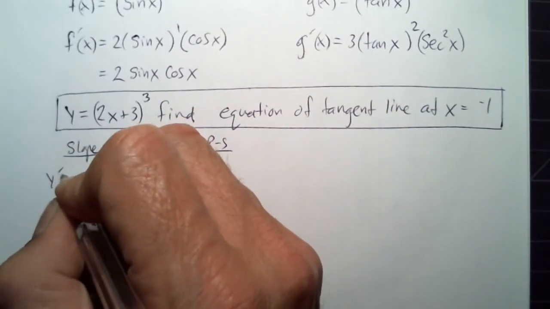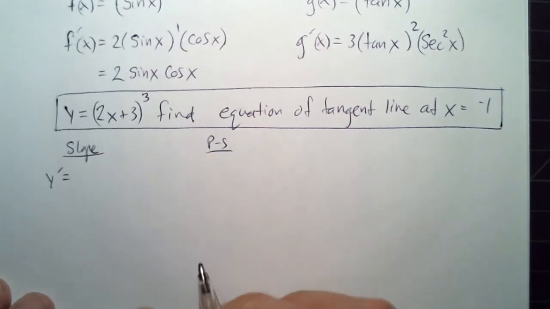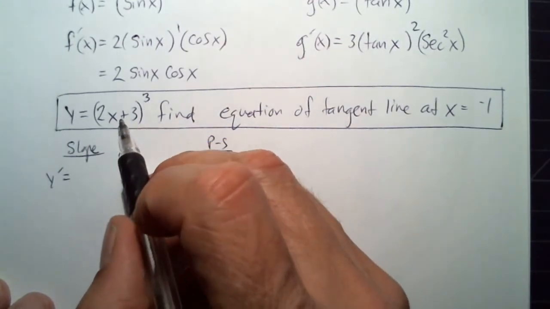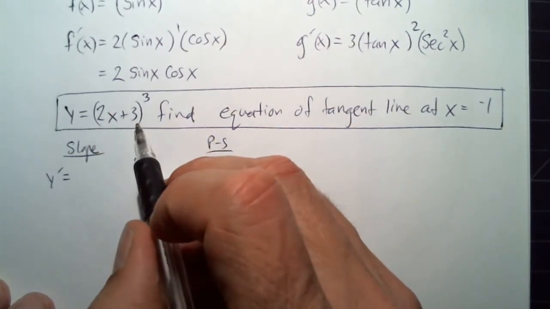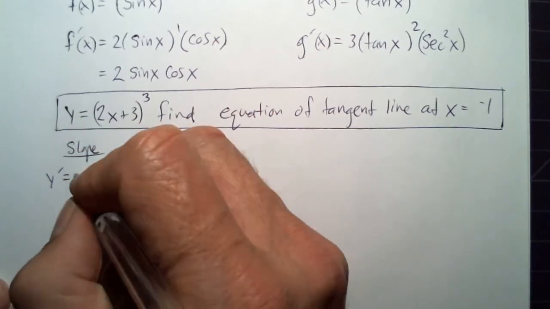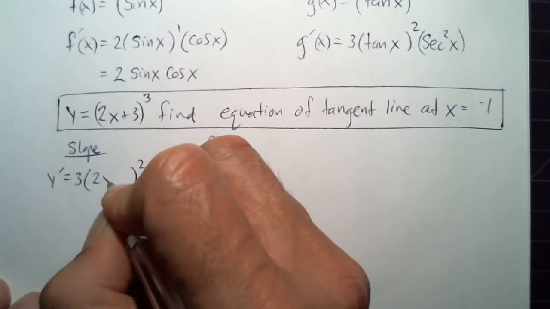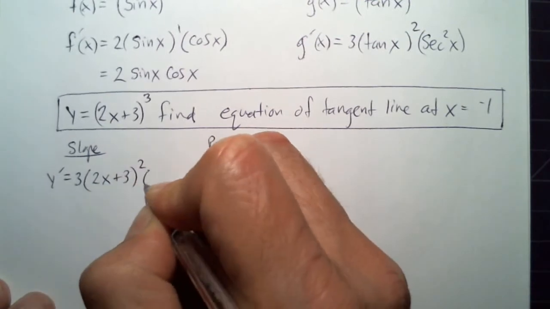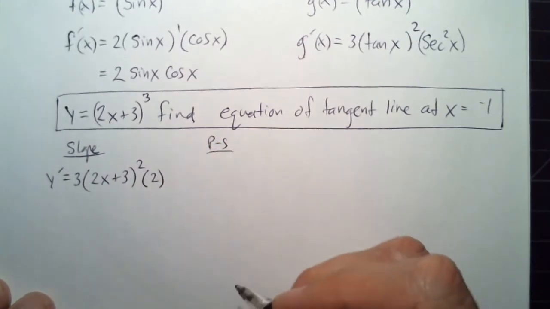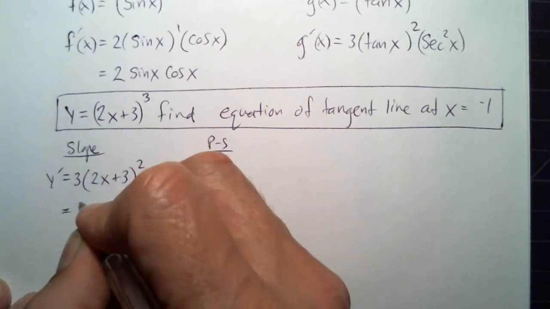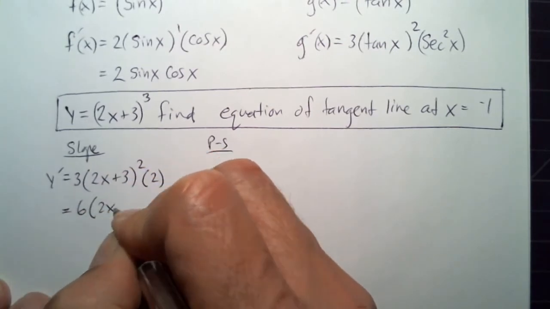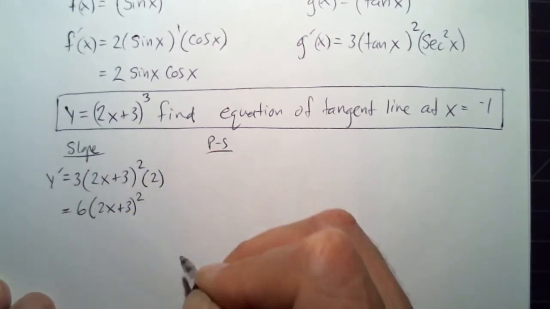The slope is the derivative, and we have an outside and an inside. We have a composite function, so we do the derivative of the outside, leaving the inside the same, times the derivative of the inside. You could write it as 6 times (2x plus 3) squared.